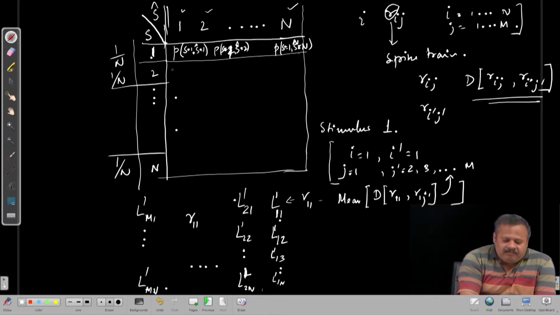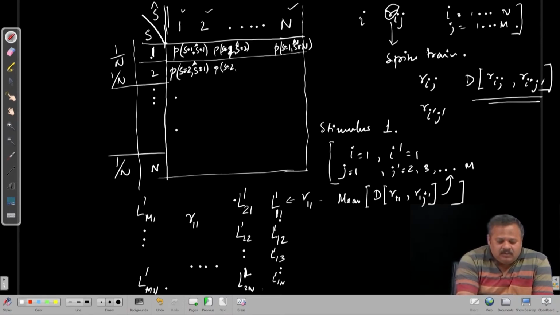The same thing applied to the second stimulus: P(S equal to 2, S hat equal to 1), P(S equal to 2, S hat equal to 2), P(S equal to 2, S hat equal to N).